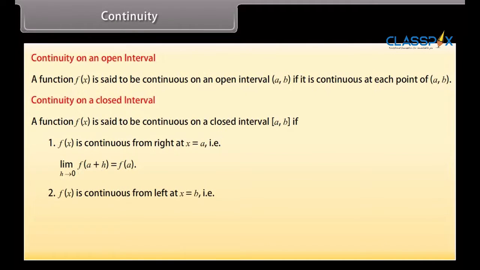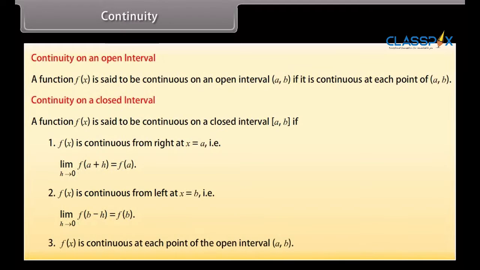F of x is continuous from the left at x equal to b, that is, limit h approaches 0 of f of b minus h is equal to f of b. 3. F of x is continuous at each point of the open interval a, b.